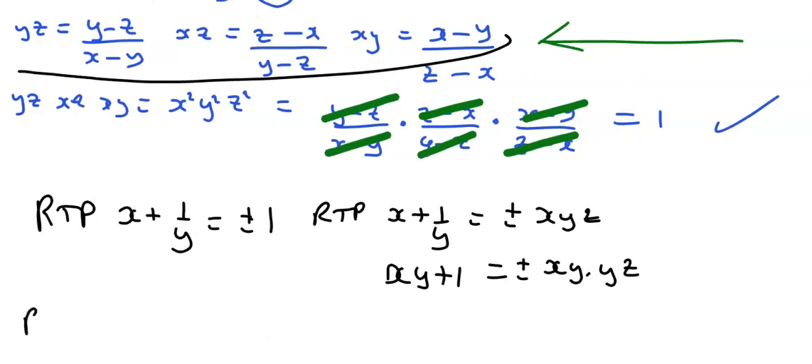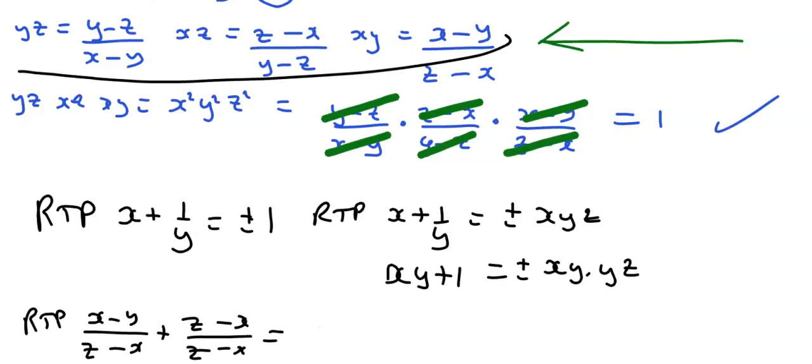So I am required to prove that xy, which is x minus y over z minus x, plus 1, which is z minus x over z minus x, is equal to xy, which is x minus y over z minus x, times yz, which is y minus z over x minus y.